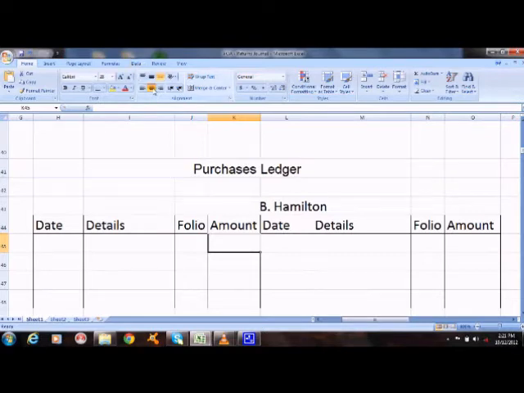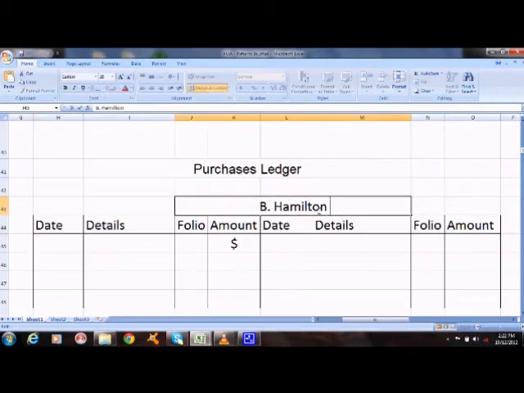We're going to make a debit entry, because the rule says that you must debit the amounts of debit notes one by one to the accounts of the suppliers in the purchase ledger. So we must make a debit entry in the accounts of the suppliers in the purchase ledger, and this is B Hamilton's account.